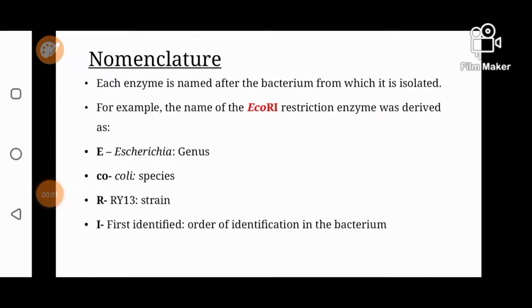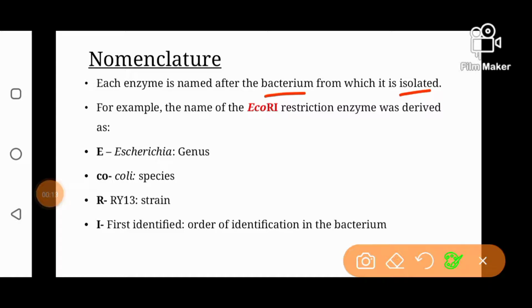Now let's talk about the nomenclature of restriction enzymes, how various restriction enzymes are named. Each restriction enzyme is named after the bacterium from which it is isolated using a naming system. It consists of genus, species and strain. For example, EcoRI is isolated from a bacterium known as E. coli or Escherichia coli.